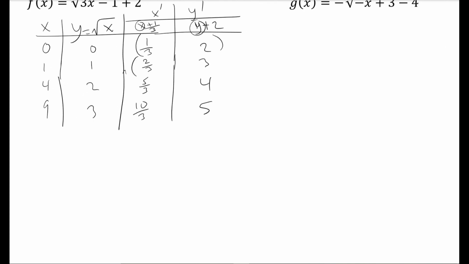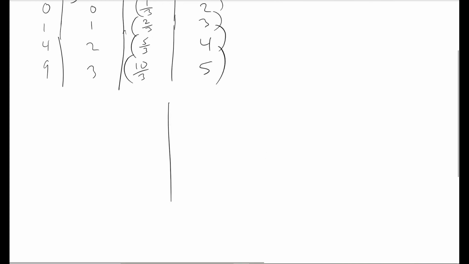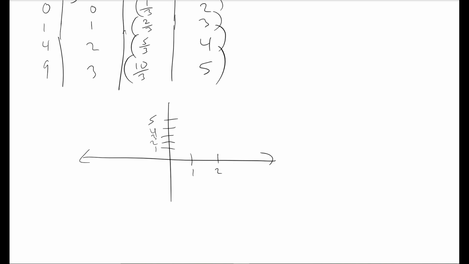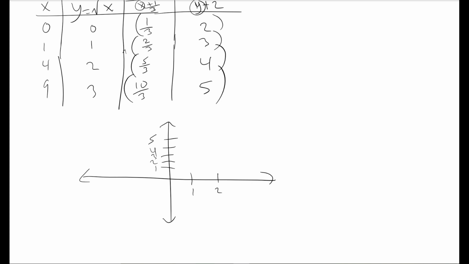We got our coordinates. We should be able to graph this, no problem. So we got our y coordinate all the way to 5. We're going to stretch the x coordinates out a little bit so we have enough room. Okay, so when x is 1/3, y is 2.